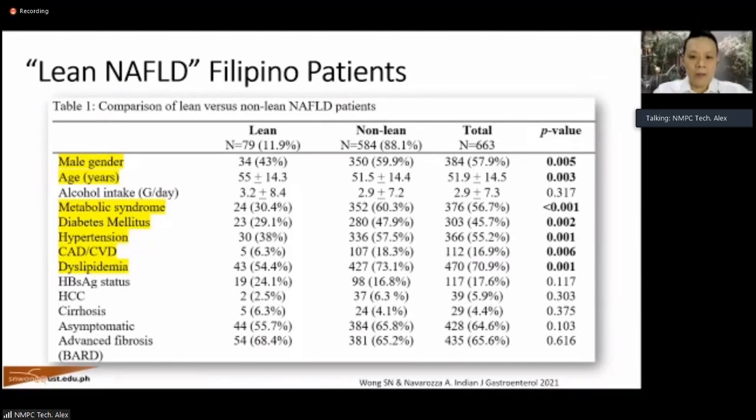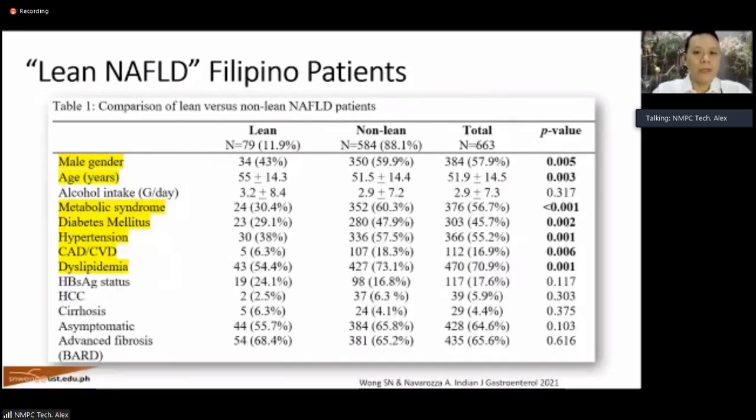In the older literature, this is termed lean NAFLD, meaning they're not overweight. And we've looked at a cross-sectional view of our patients with fatty liver disease, and what we've found is that lean NAFLD occurs in about 12% of our fatty liver population.